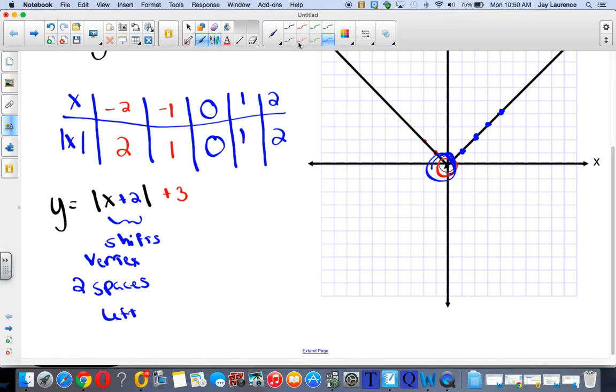Okay, the red one, since it's +3, that's going to shift 3 units up. I would definitely get this in your notes, okay?